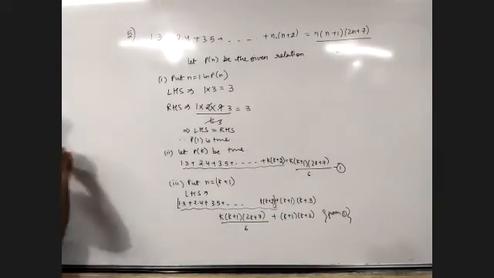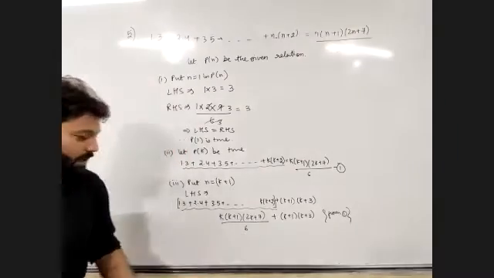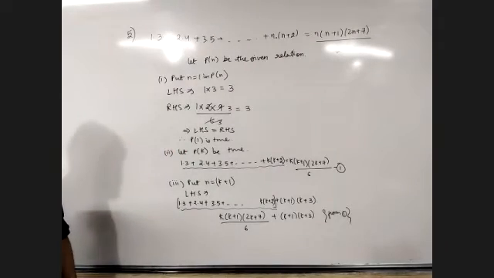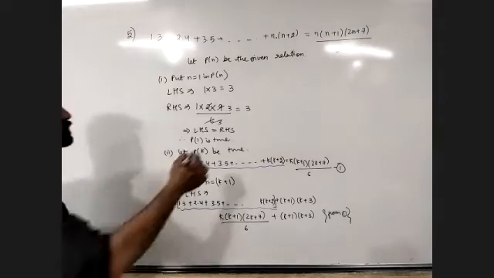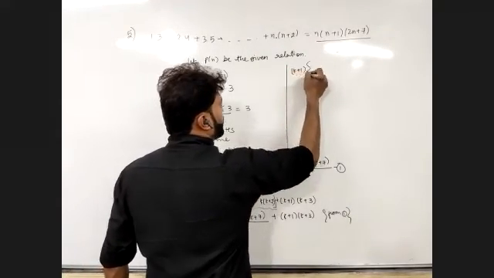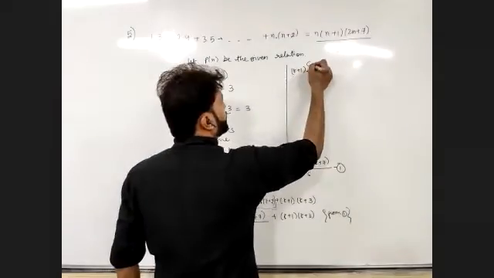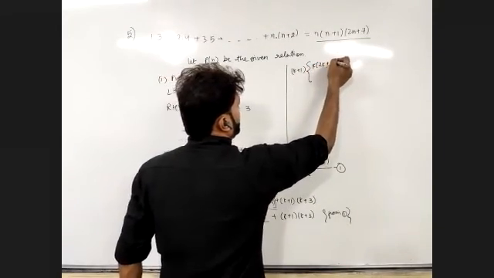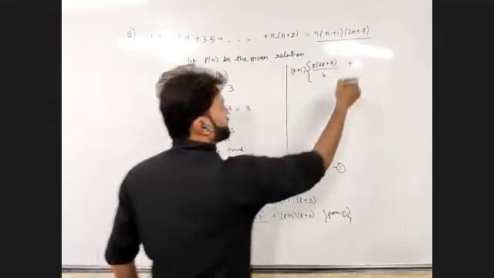We are utilizing equation 1 to prove the third step. Out of these two terms, what can we take common? K plus 1. If we take K plus 1 as common, what will be left? K into 2K plus 7 whole upon 6 and plus K plus 3.